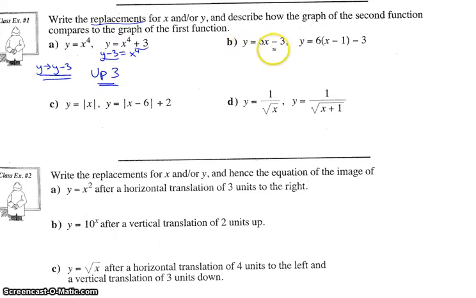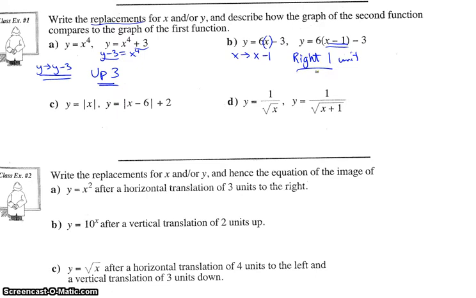Comparing this equation to this equation, don't let that minus 3 throw you off. There was a minus 3 in the original equation, so that has not changed. But what has changed is instead of x, we now have x minus 1. So our replacement was that x was replaced with x minus 1, which means the graph would have moved to the right 1 unit.